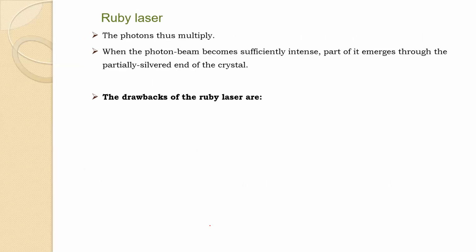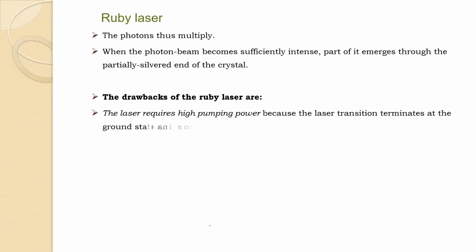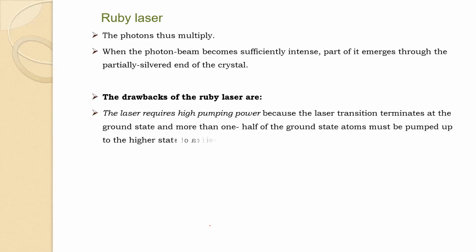Now the drawbacks of the ruby laser. This laser requires high pumping power, because the laser transition terminates at the ground state, and more than one half of the ground state atoms must be pumped up to the higher state to achieve population inversion.